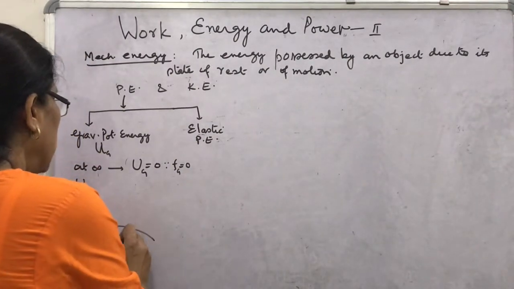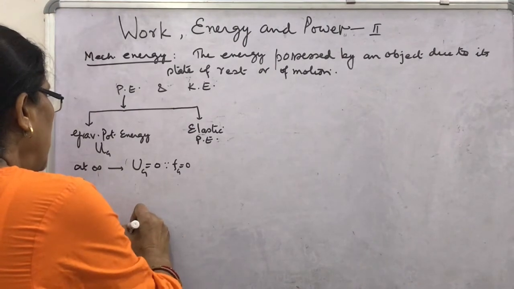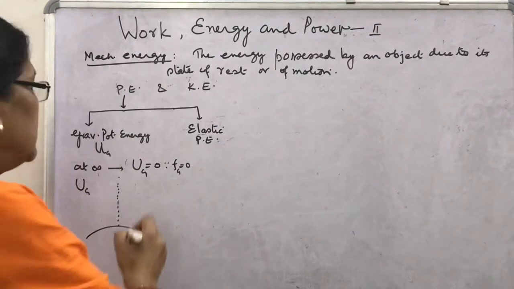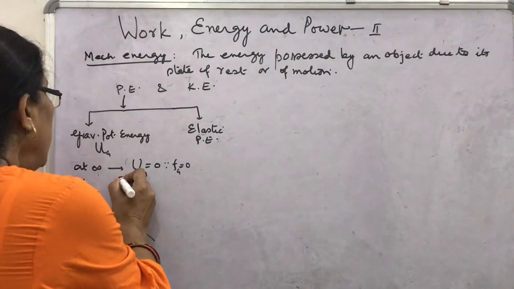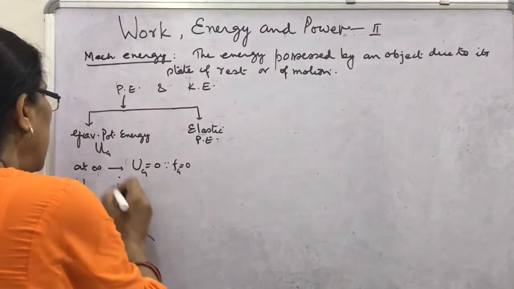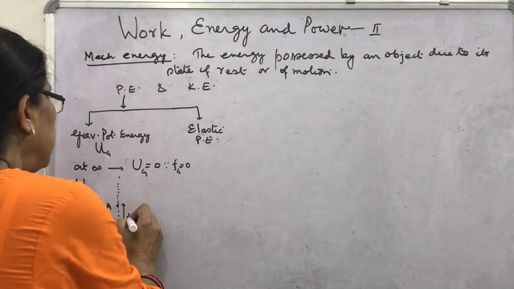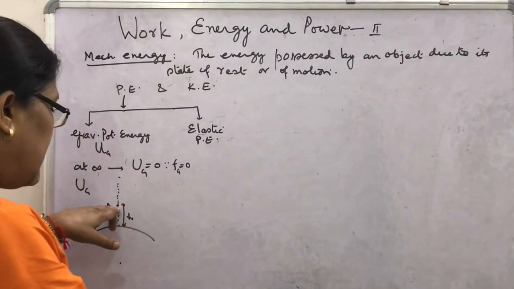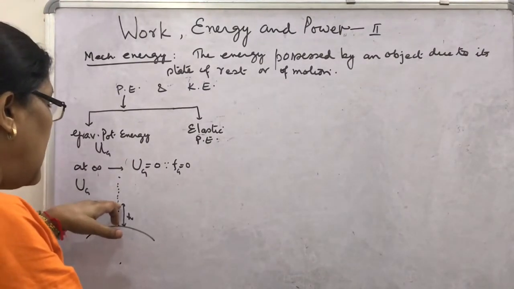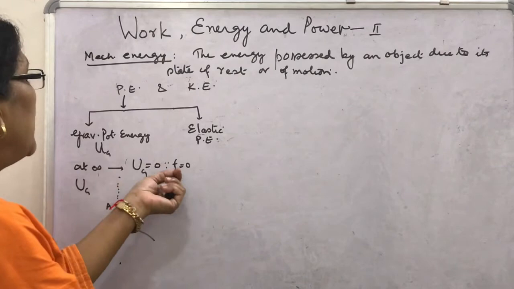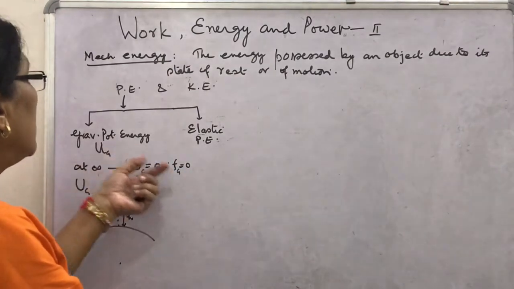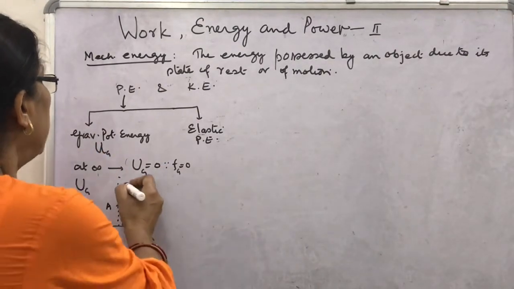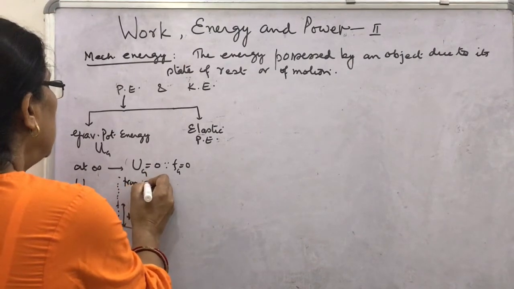Suppose this is the surface of earth, and here you suppose this is infinity. Then if an object is brought from infinity to a point, suppose this point A, whose height is h, then gravitational potential energy at point A is defined as the work done by the gravitational pull of earth to bring that object from infinity to that point.